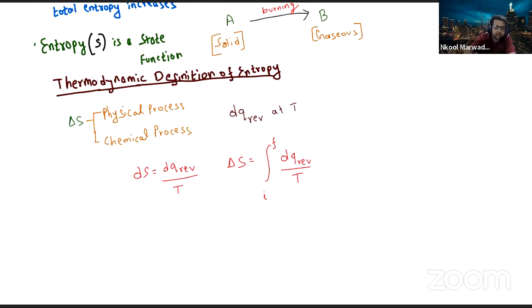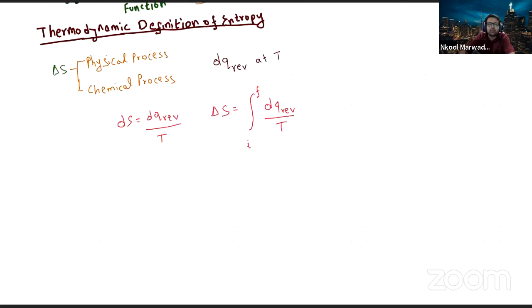Now let us look at some processes for which delta S is greater than 0, because only those processes are spontaneous. For a spontaneous process, delta S has to be greater than 0. That is what we are discussing.